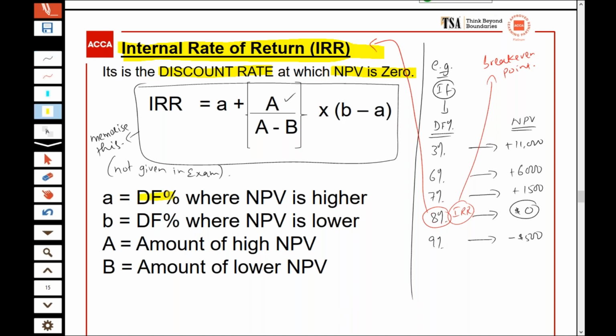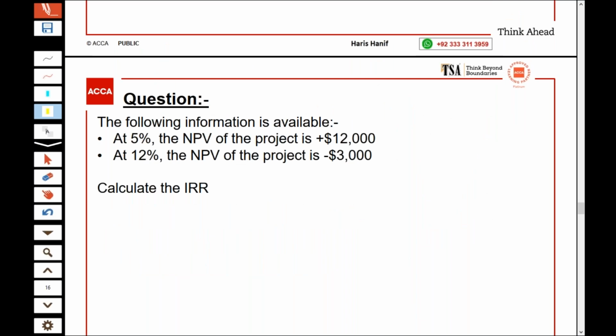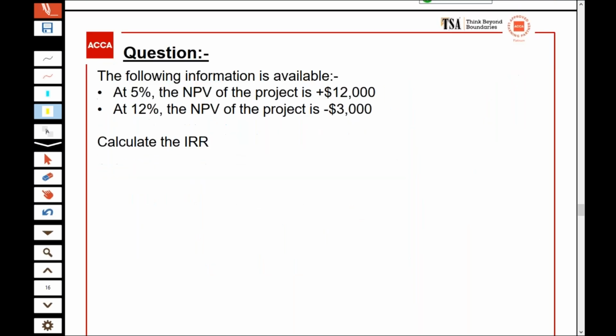Small a means the discount factor where NPV is higher. Small b is that discount factor where NPV is lower. Capital A is the amount of higher NPV, capital B is the amount of lower NPV. Okay, so let's move on to calculate the IRR.